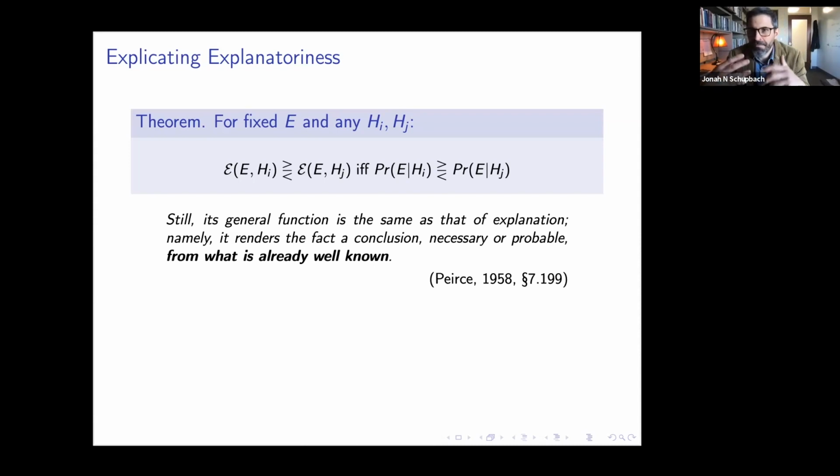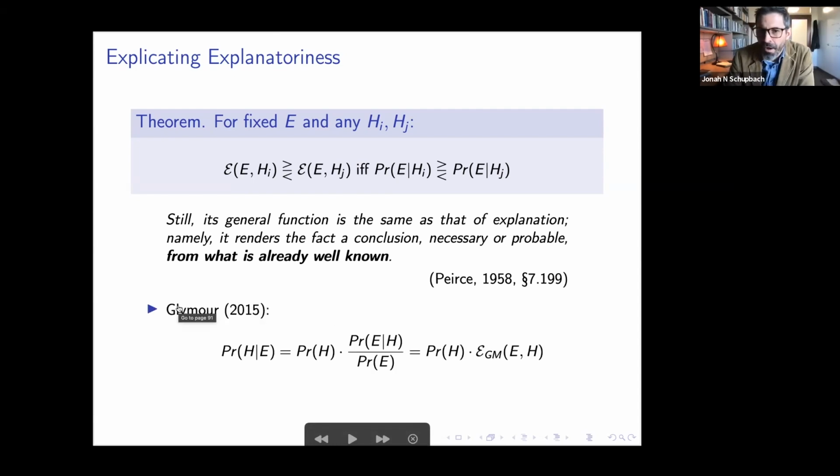That's that idea of the explanandum becoming more expected, necessary or probable in light of the H. But then it says, from what is already well known. So there's also this idea that maybe we should also take into account how plausible the potential explanation itself is, apart from considerations of the evidence. We want to be able to explain evidence in the sense of increasing expectedness, but by referring to some hypothesis that's already somewhat plausible for us, ideally. That's the idea.